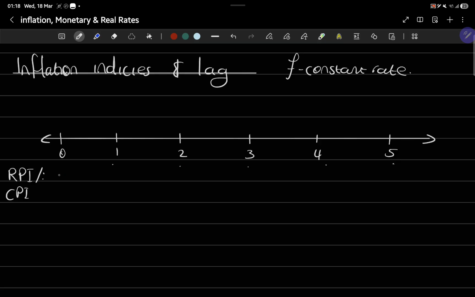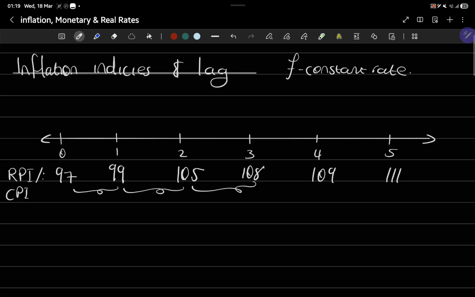So they'll tell you that the index has a value of 97 at time 0, 99 at time 1, 105 at time 2, 108 at time 3, 109 here, and 111 here. What do these values tell you? Well, these values tell you the growth. This is when inflation is non-constant. Inflation growth is non-constant during the periods.